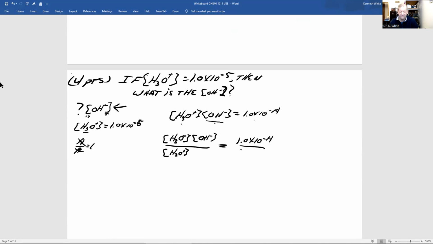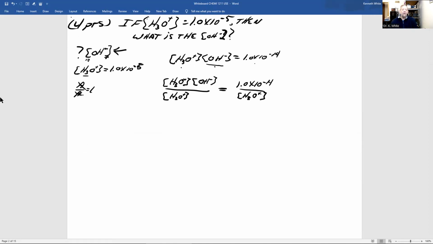And I will. And here, anything divided by itself equals the number 1. 1 times something equals that something. In this case, hydroxide equals 1.0 times 10 to the minus 14th divided by hydronium ion concentration.